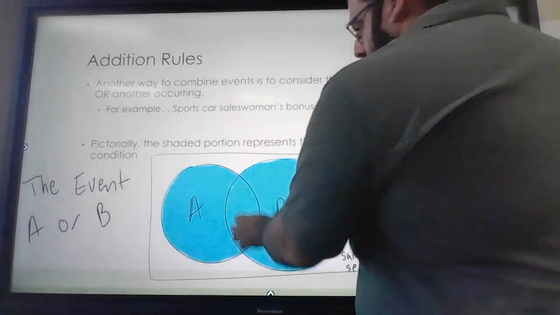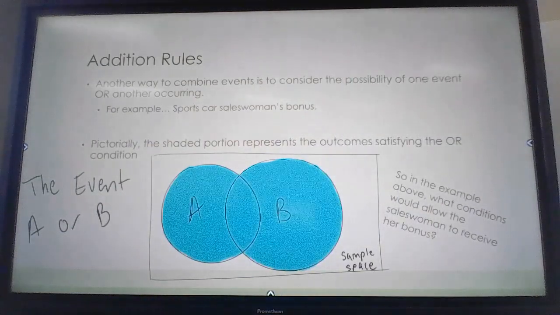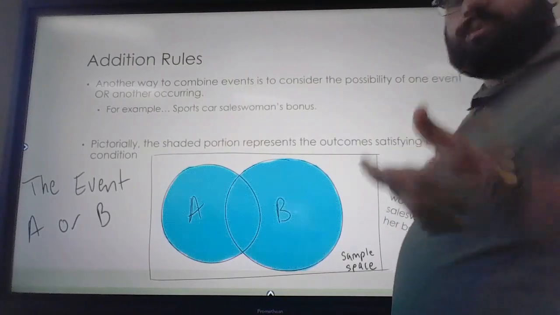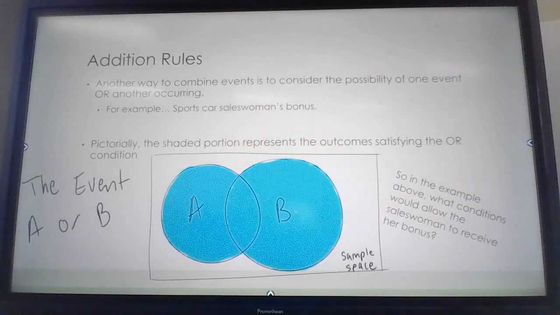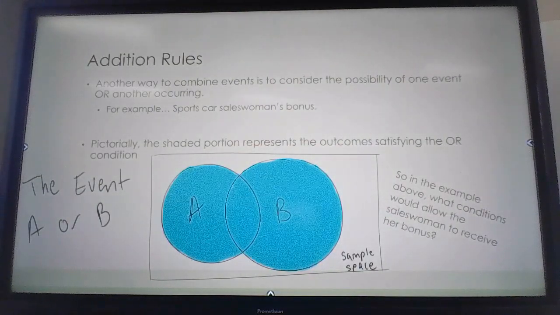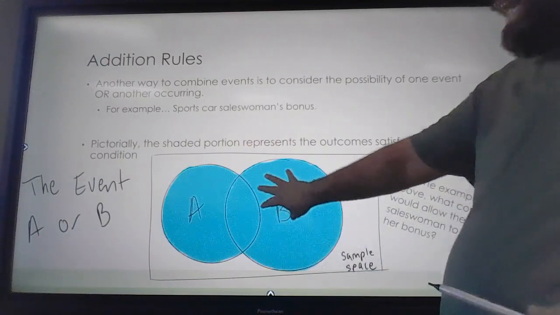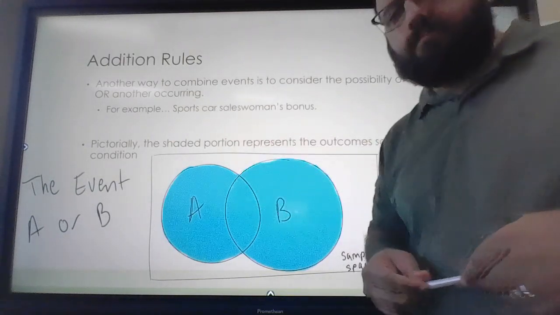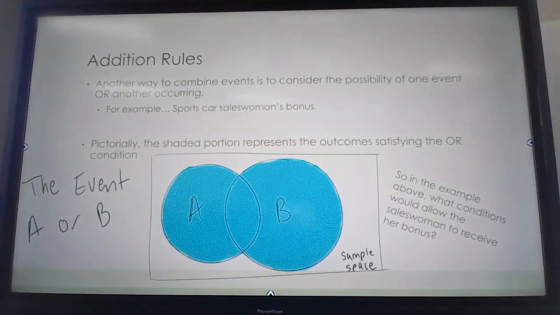Now, notice that the middle is also shaded too, because if you're looking at event A or event B, if both of them occur, it still counts as A or B because at least one of them happened. But when we look for probabilities like this, we see some overlap here, which means certain probabilities are counted twice. So we got to be careful.